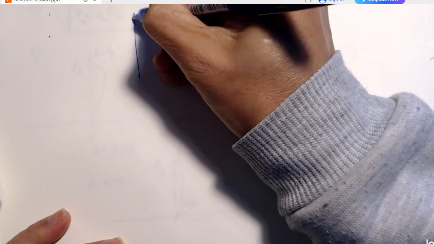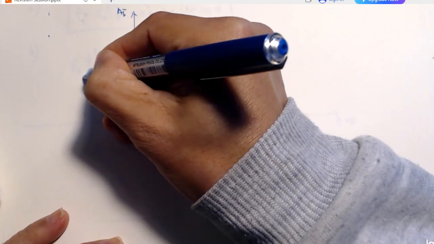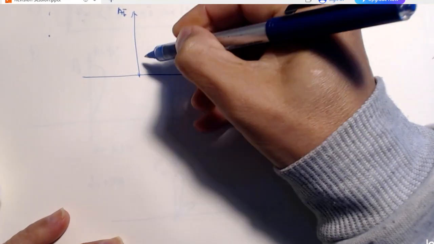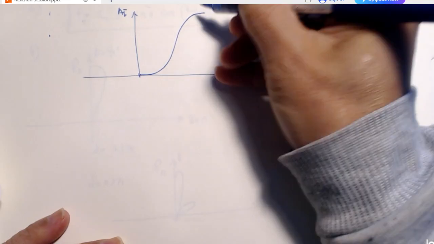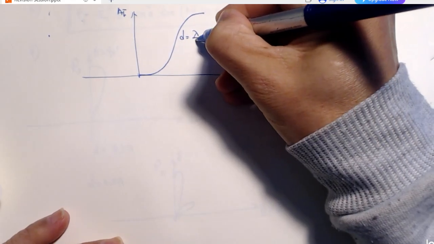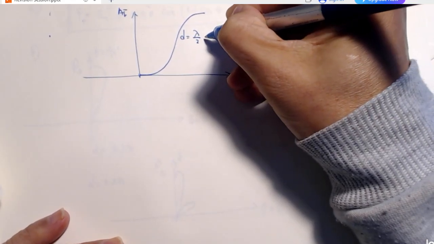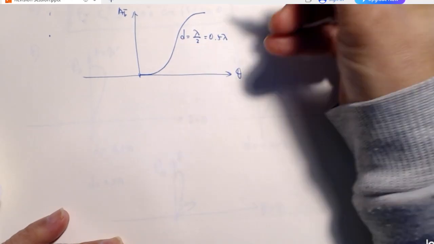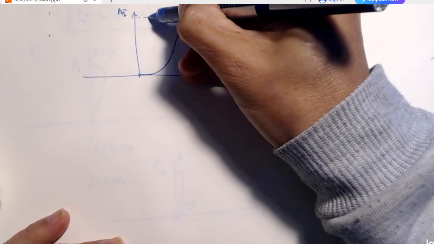So the array vector will be like this, and theta will be like this. So what we expect for d equals lambda divided by 2, I mean 0.5 lambda, is this.